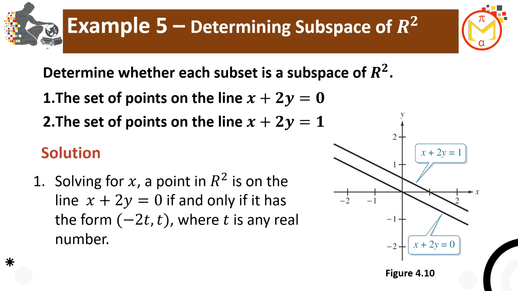That is an indication that, in the general form of a line, if the constant is equal to 0, the line passes through the origin. The second one is x plus 2y equals 1.